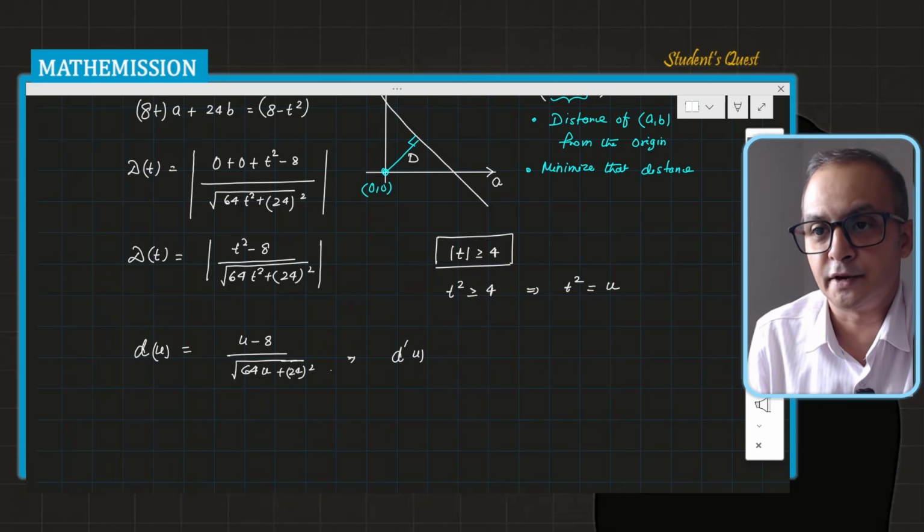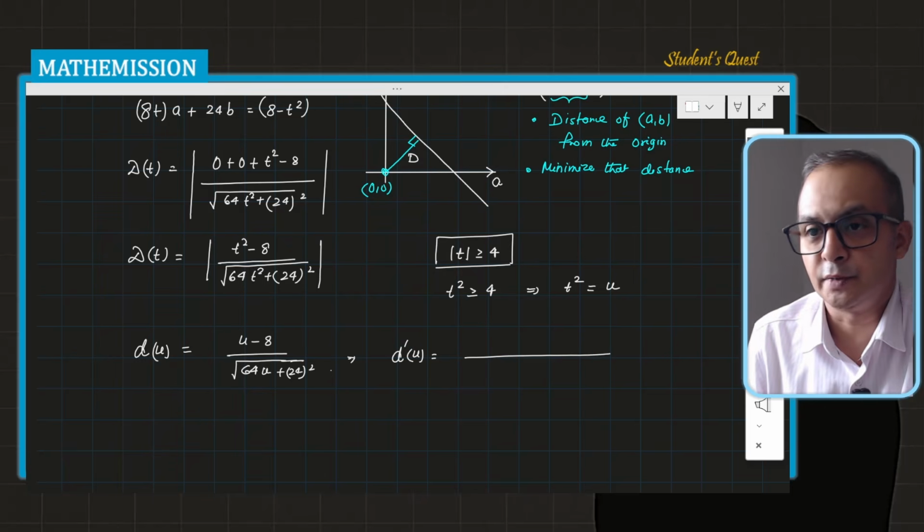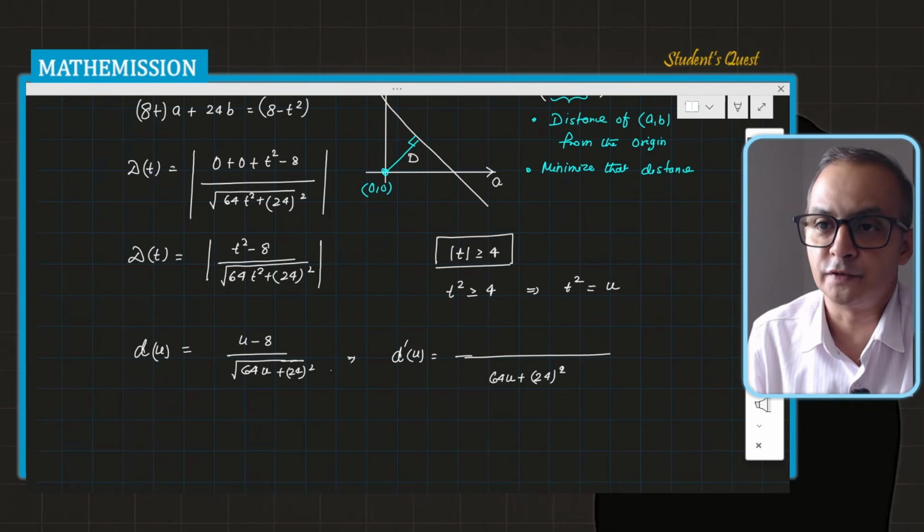So d dash of u is going to be 64u plus 24 squared, and here I have the root of this.